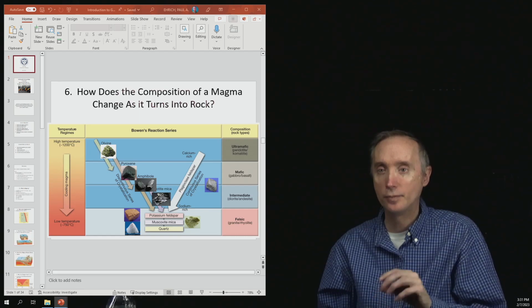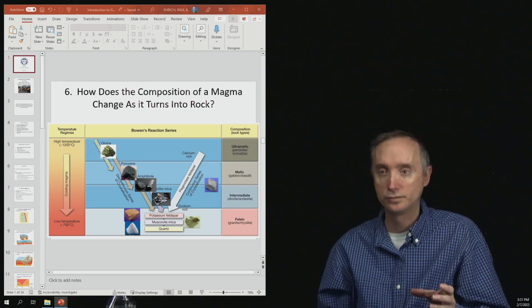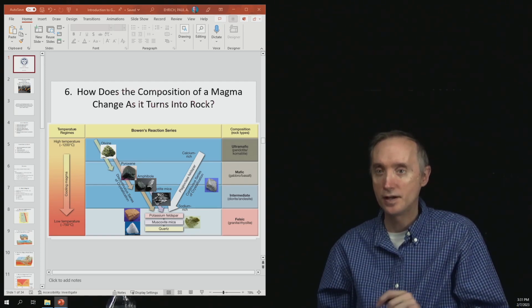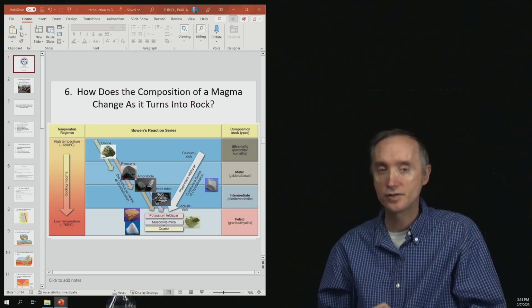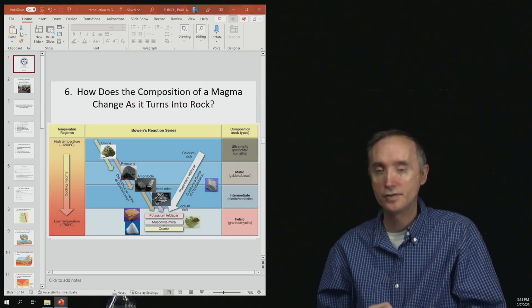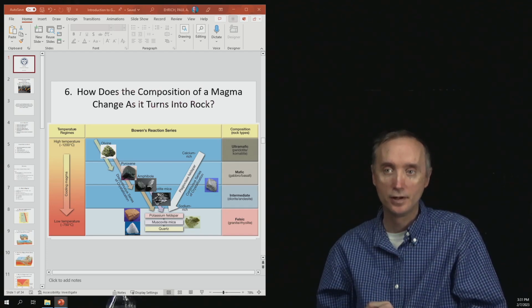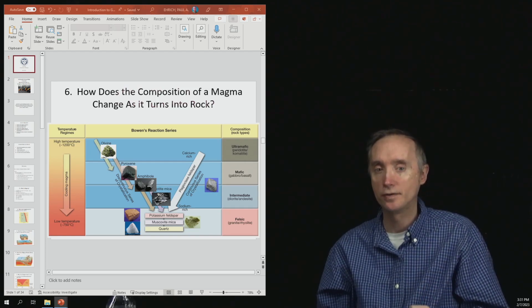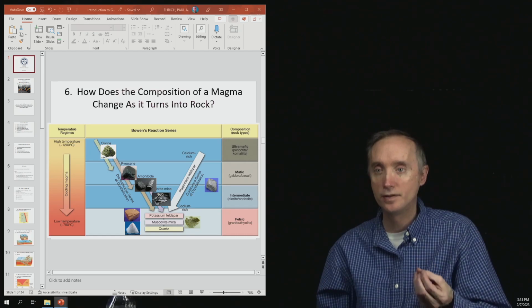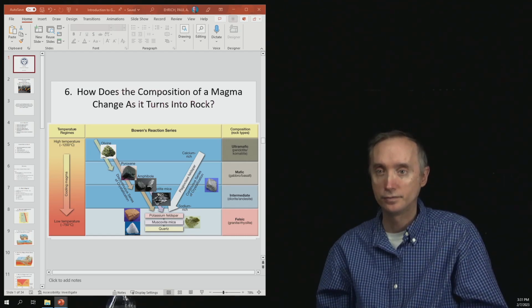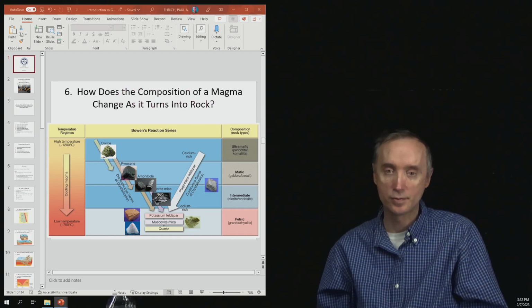You can have plagioclase feldspar that has a lot of calcium in it, and you can also have plagioclase feldspar that doesn't have calcium, but instead has sodium in it. So there's a range of different kinds of plagioclase feldspar. The first kind that's going to form is the kind that has a lot of calcium in it, so it's calcium-rich plagioclase feldspar.